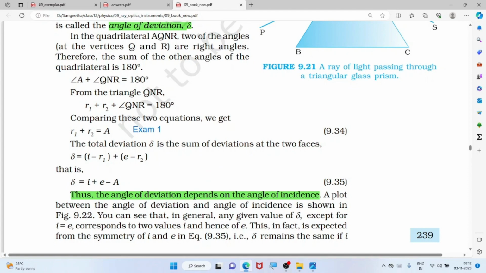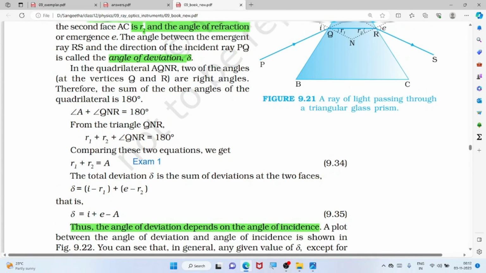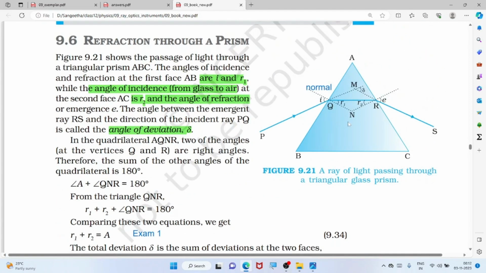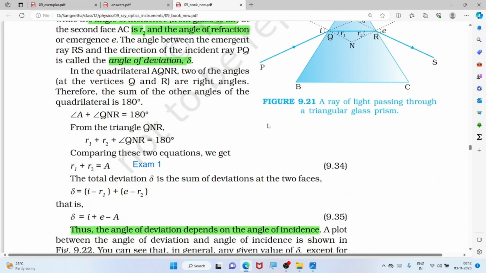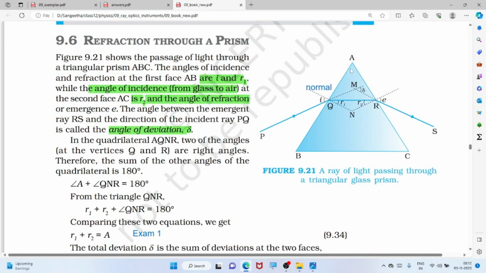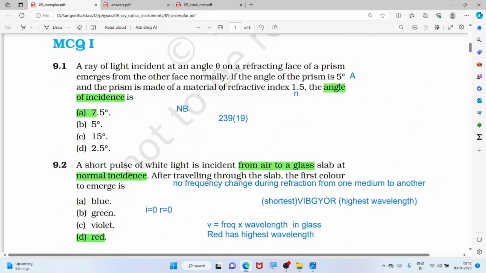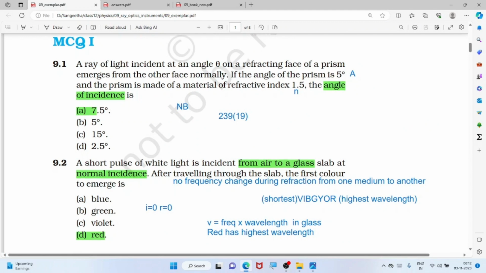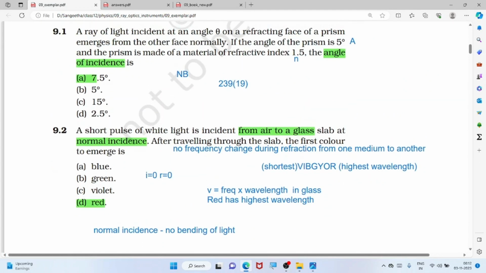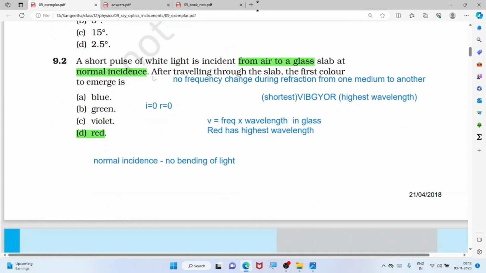Here R1 plus R2 equals A. This is the prism, and this formula is given here. So angle A equals R1 plus R2. You can use mu or n as the symbol for refractive index.